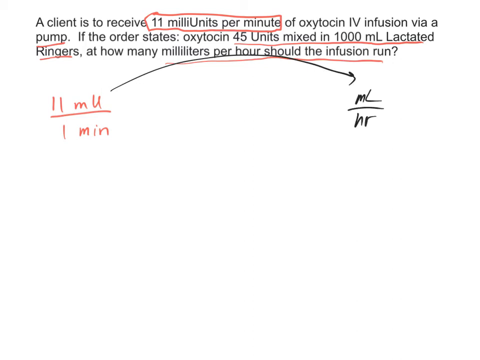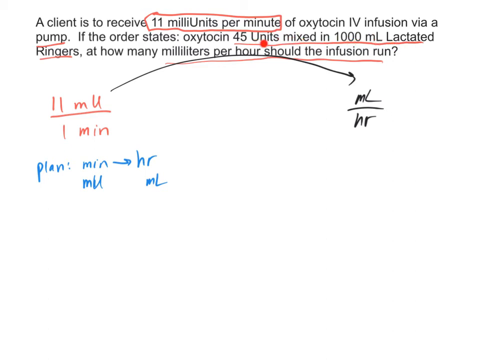So I'm going to make a plan here. I obviously need to convert minutes into hours. That's not going to be too bad. But I somehow need to convert milliunits into milliliters. And this is where, in the last example, we used the strength of the bag. If I look at the strength of the bag, I see 45 units in this 1,000 mL.